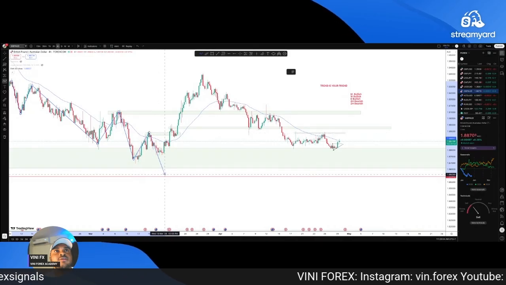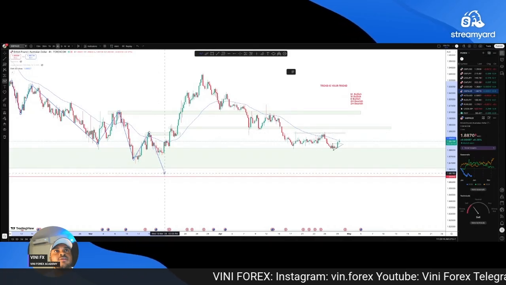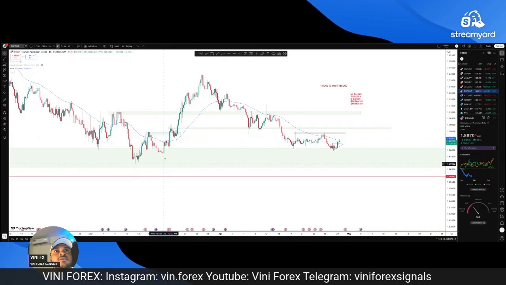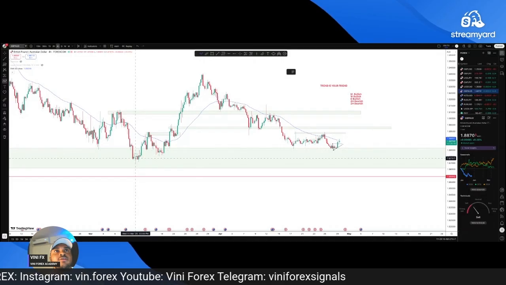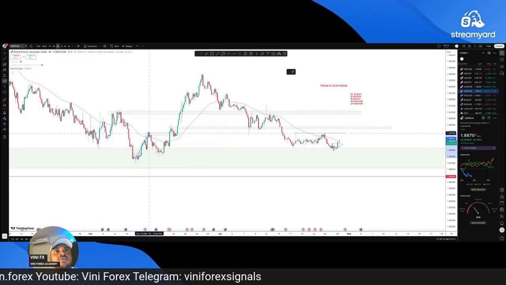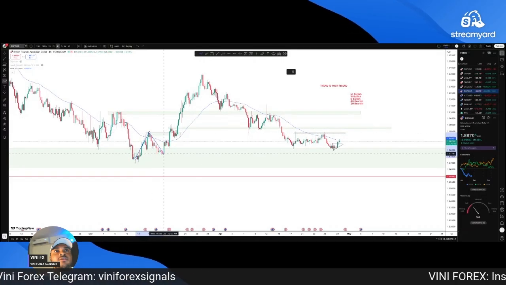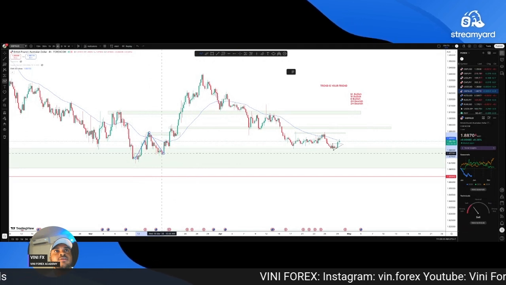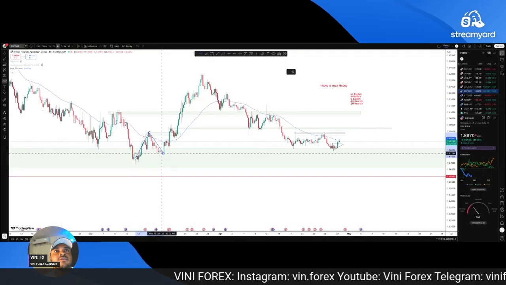Price was supposed to come and give you another lower low. But the market did not do that. Rather, after giving you this lower low and a lower high, it came here and gave you a higher low. Now remember, when you see this, it often signifies a trend reversal.